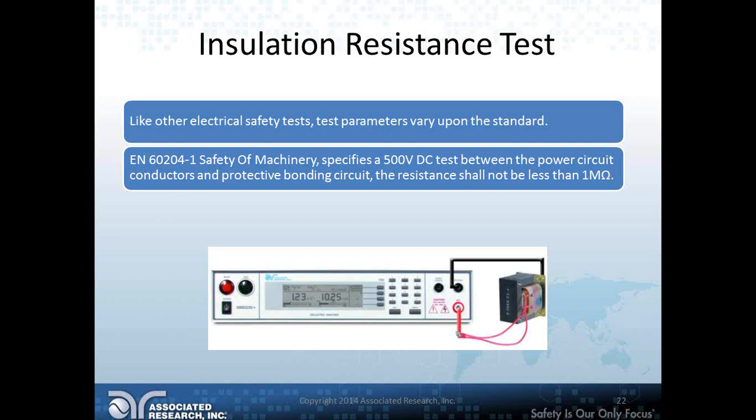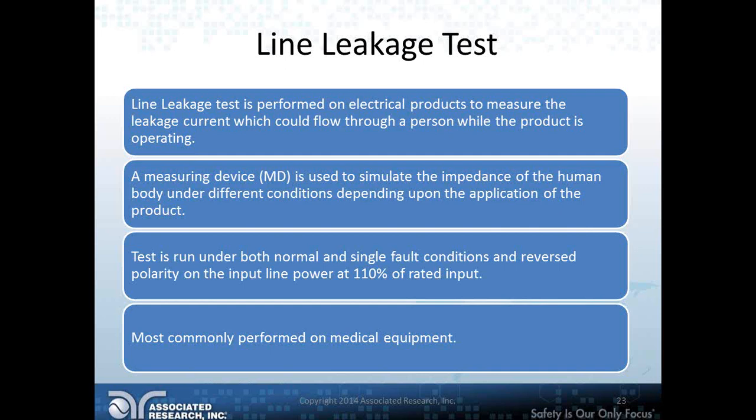So basically, the line leakage test is performed while the product is operating, and a bunch of different fault conditions are inserted to simulate real fault conditions that may occur on the input line of the device being tested. Associated Research has come up with line leakage testers capable of inserting these fault conditions to simulate a real fault and how much current will flow through a human body as a result of those fault conditions.